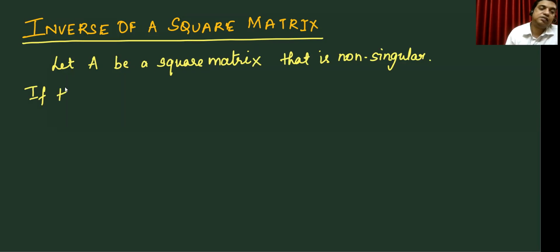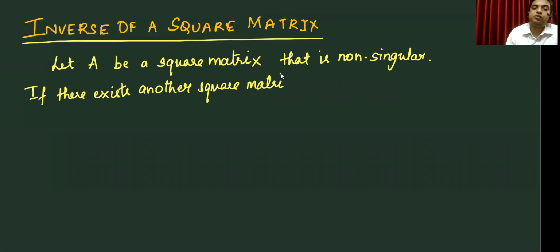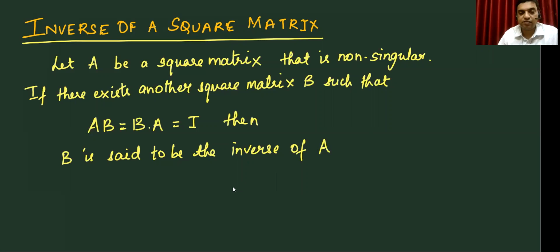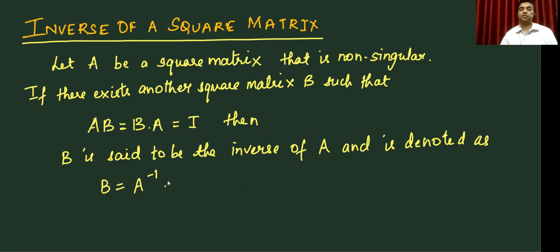If there exists another square matrix B such that AB is equal to BA is equal to I, then B is said to be the inverse of A and is denoted as B is equal to A inverse. All right.